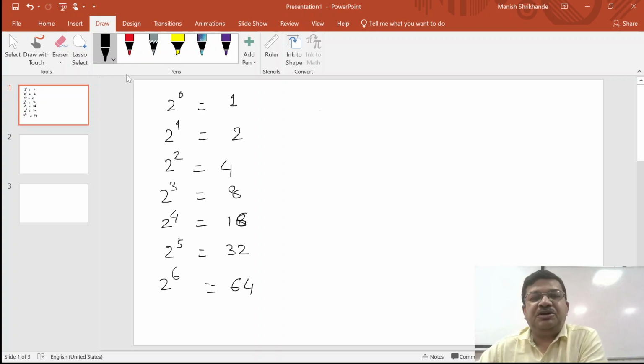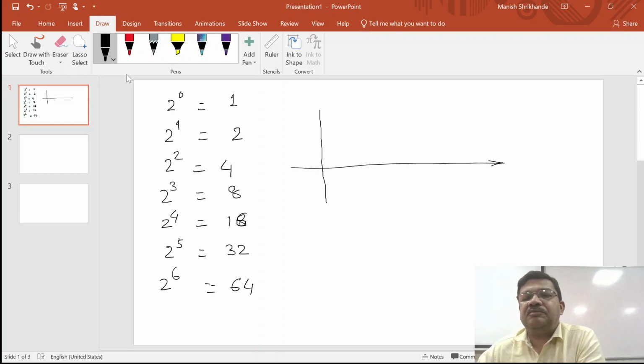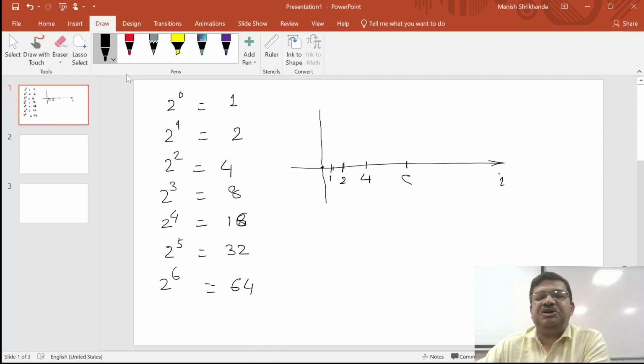Let us plot it on number line. So this is 0, 1, 2. So this is 1, 2, and then 4. Then you have 8, and then you have 16.